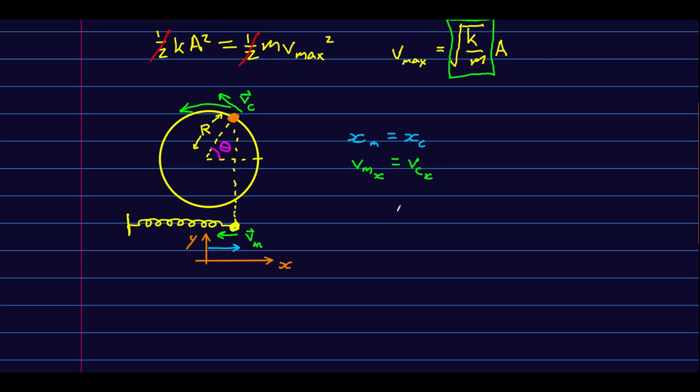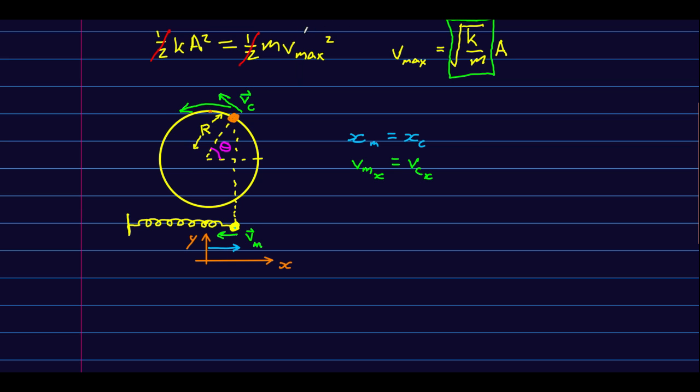We can right away get something very useful out of this. Think about the moment when the mass is passing through x equals 0. That is the same moment when the thing going around the circle is up here at the top of the circle. And notice that that means at that instant, its velocity is exactly pointing back in the negative x direction.